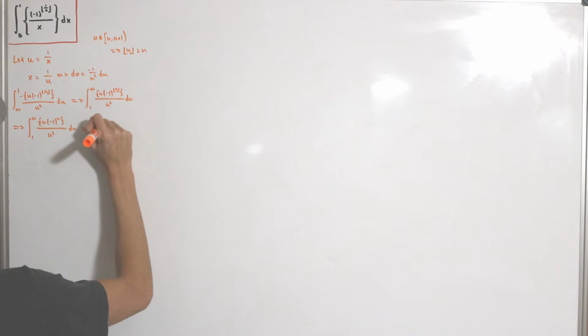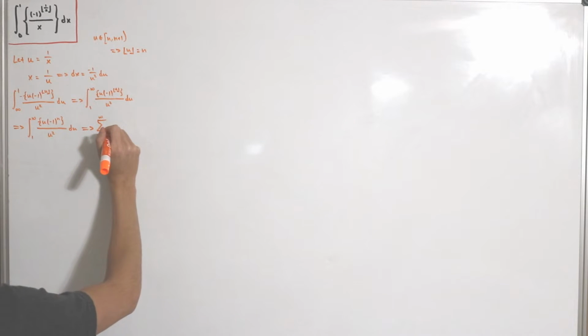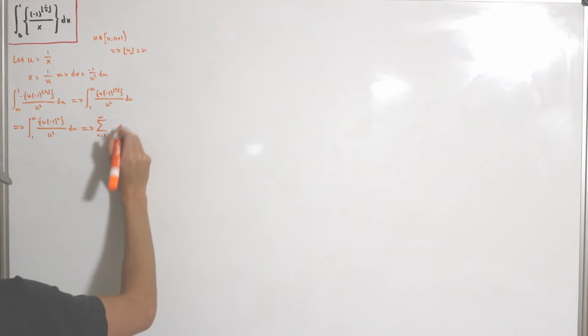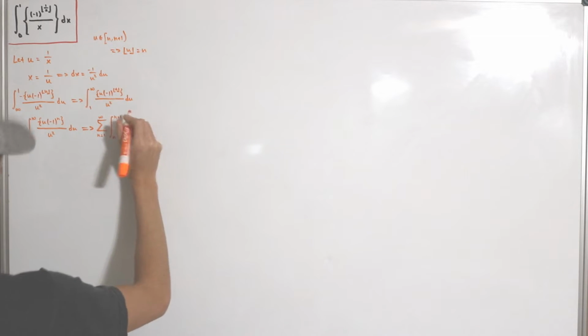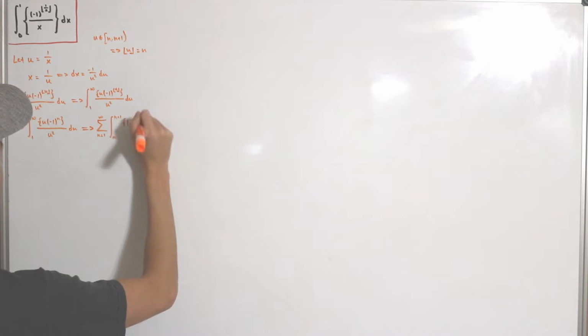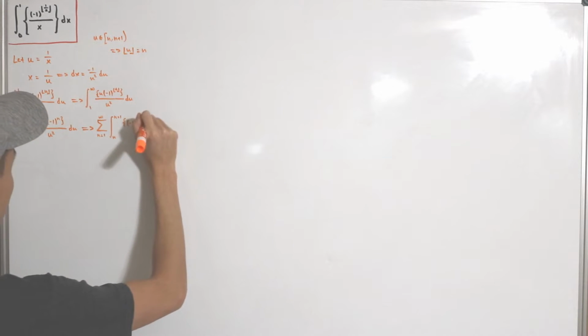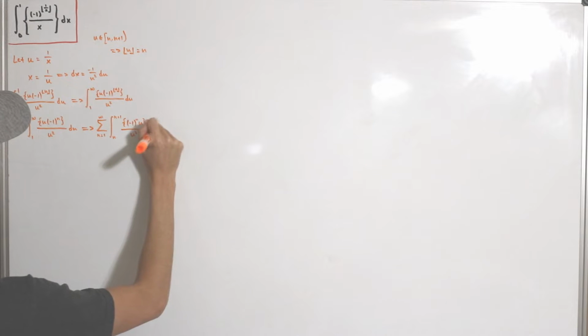So this is our infinite sum, n equal to 1, of the integral from n to n plus 1 of the fractional part of (-1)^n, divided by u squared du. I'm just moving the constant to the front.